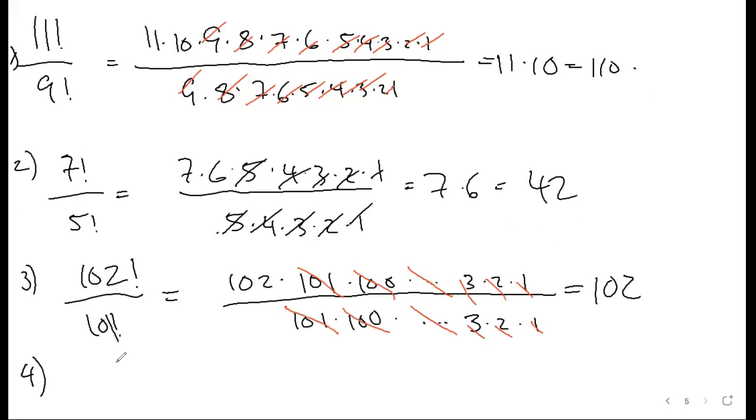Now, here's the last one I wanted to go over. If you have 3 factorial over 0 factorial, what will this be equal to? Well, 3 factorial is 3 times 2 times 1. That's simple enough. 0 factorial is 1, if you recall. If you haven't seen that video yet, you should go watch it.